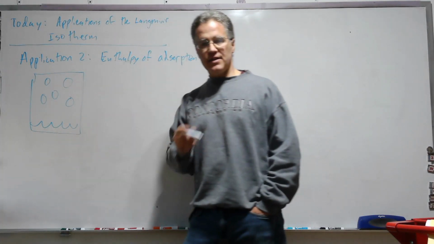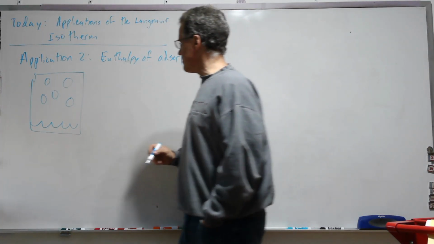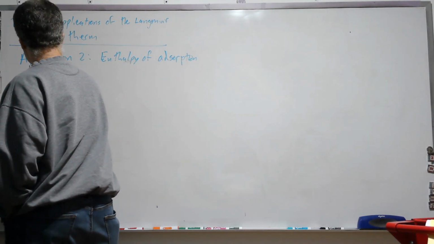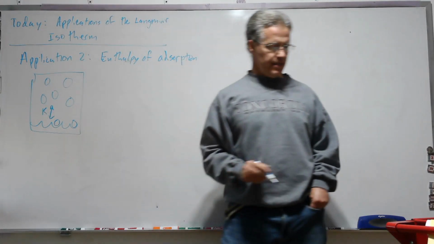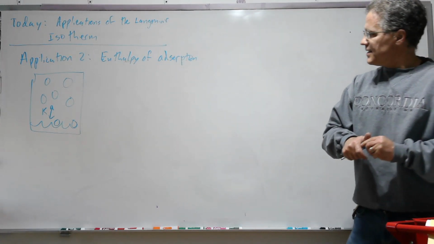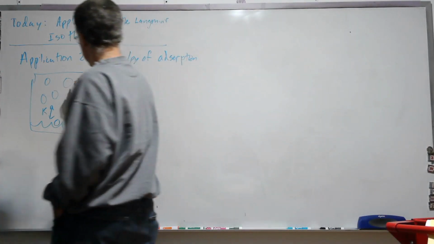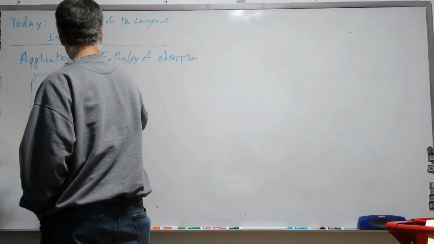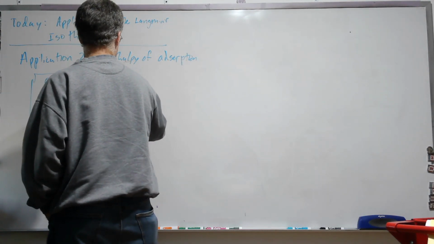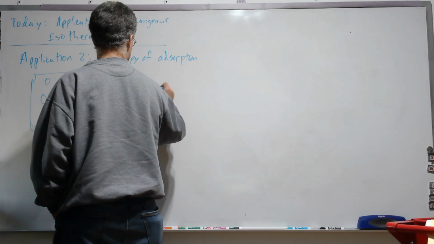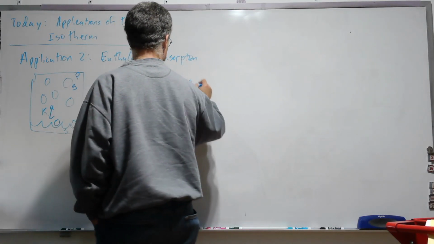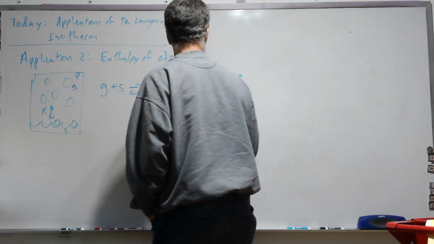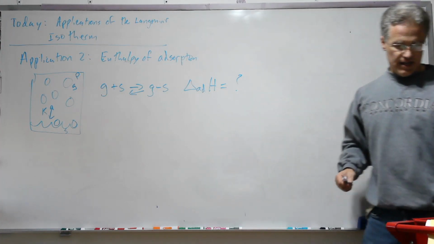This is a picture we had in the first video on the Langmuir isotherm. And we get some equilibrium binding between that. And our question is, if this is a gas particle with pressure P, and here's a binding site S, G plus S goes to GS, what is the expression for delta H of adsorption?